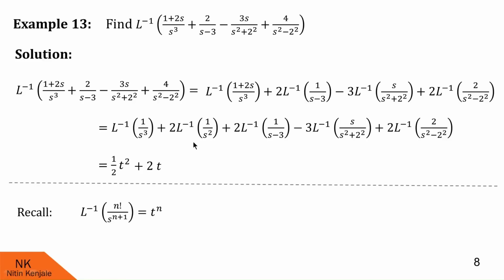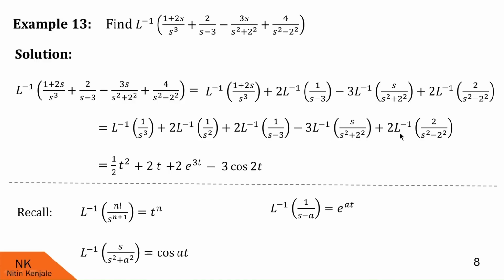L inverse of 1 upon s square is t. L inverse of 1 upon s minus 3 is e raised to 3t. And L inverse of s upon s square plus 2 square is cos 2t. Also, L inverse of 2 upon s square minus 2 square is sinh 2t. So this is the inverse Laplace transform of the given function.